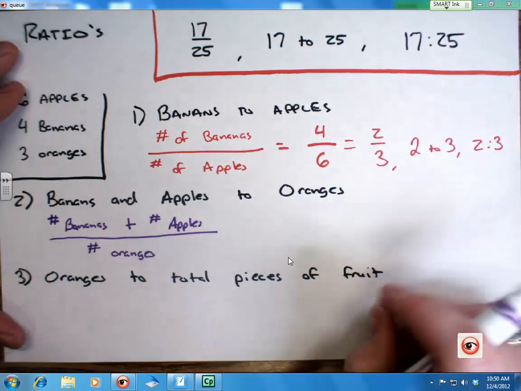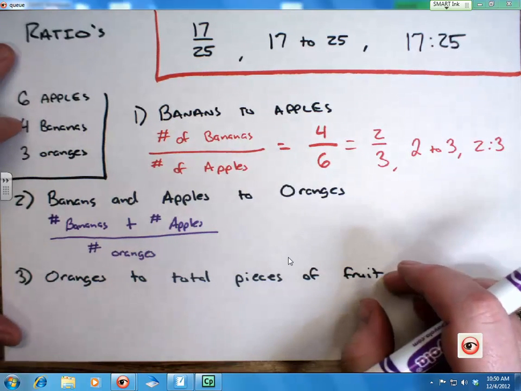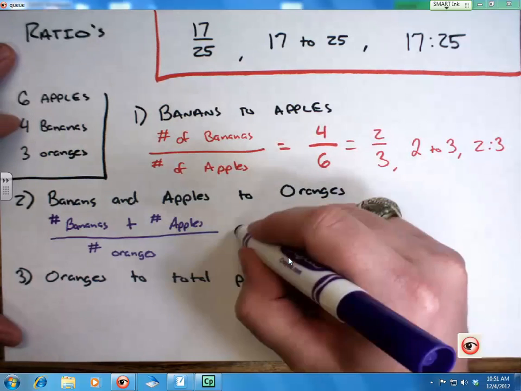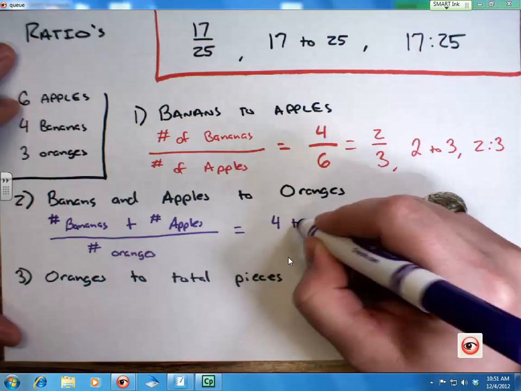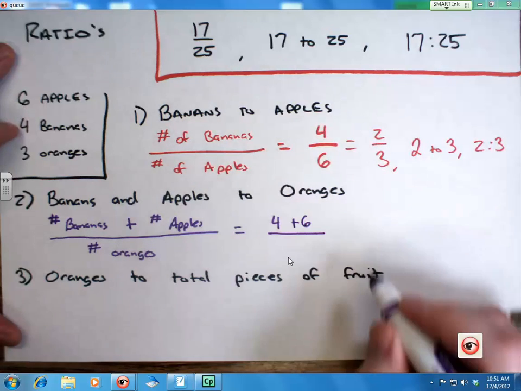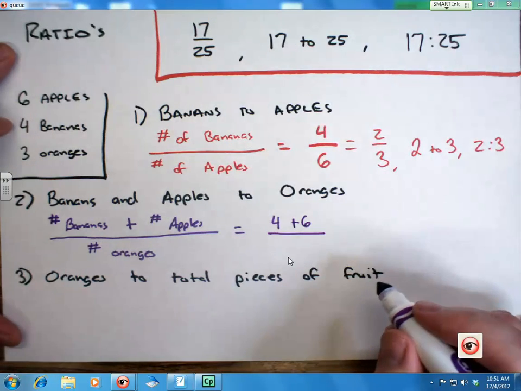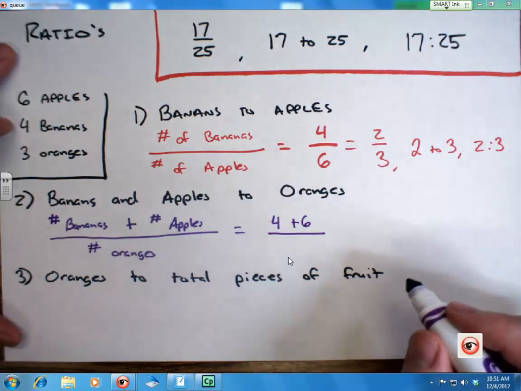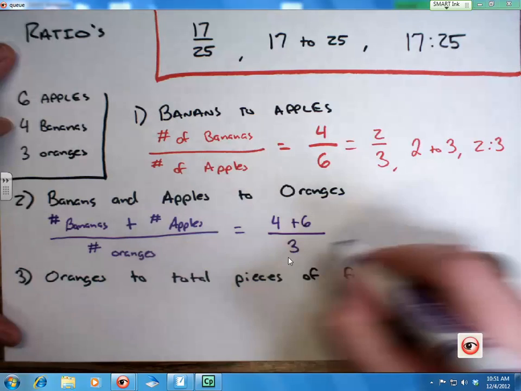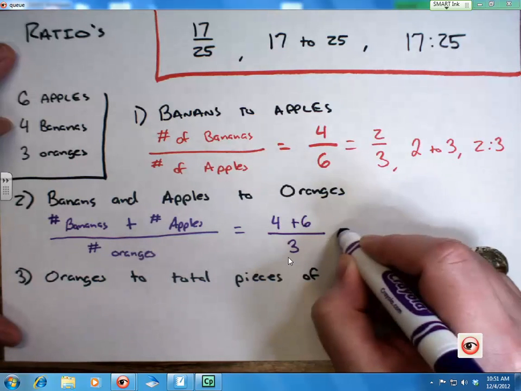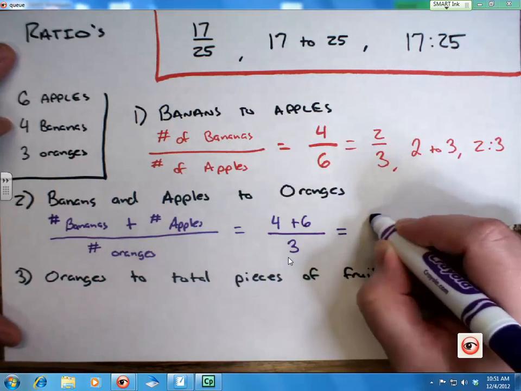Okay, so how many bananas do I have? I have 4. And apples, I have 6. It'll give that to us. If you notice right over here on the top left corner, it tells us how many we have. But on your worksheet, it'll also tell you. And that's going to be over 3 oranges. So, yeah, it's going to be 10 over 3.